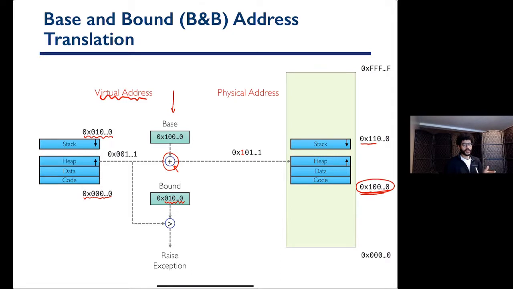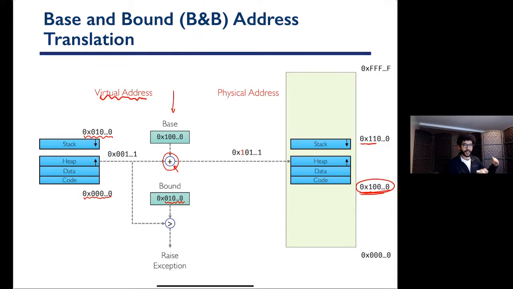Again, compare this with the idea that we talked about before. In that case, we didn't have virtual address. So all we would do is we had a physical address generated by the process, and we would have to check it with the base. We wouldn't add it to the base. We will have to check it with the base and make sure that it's more than the base.